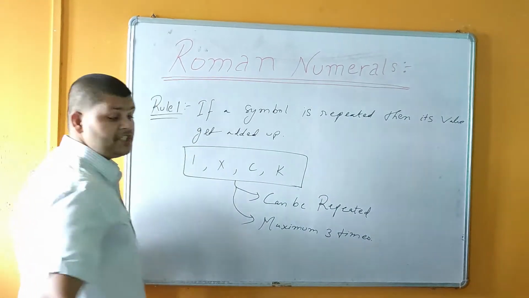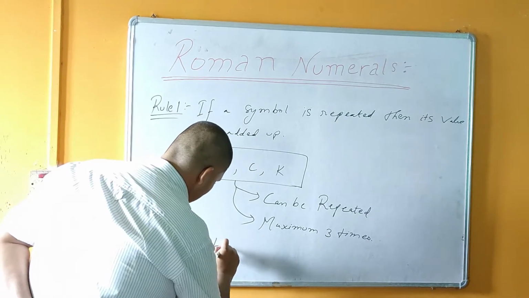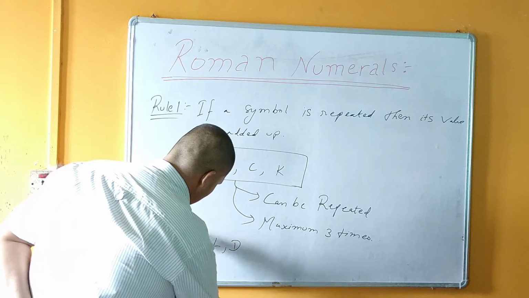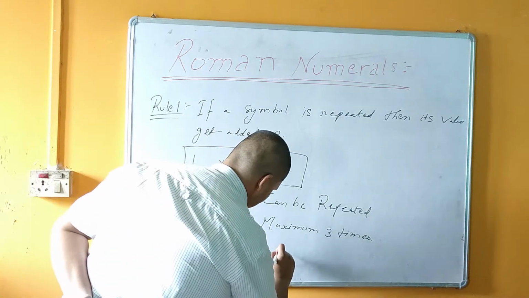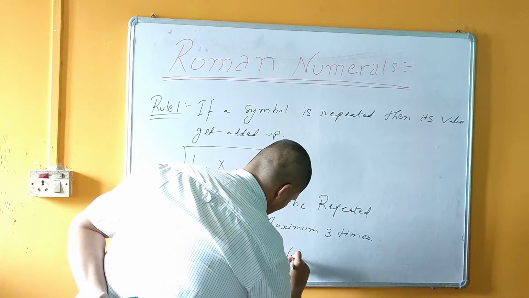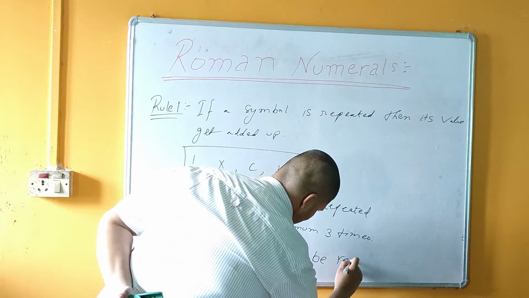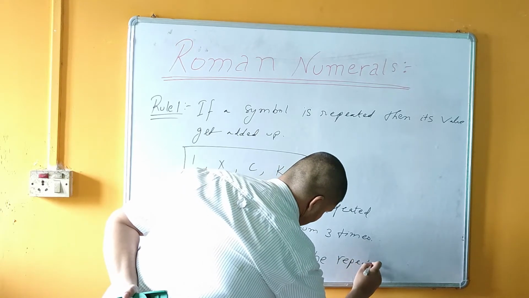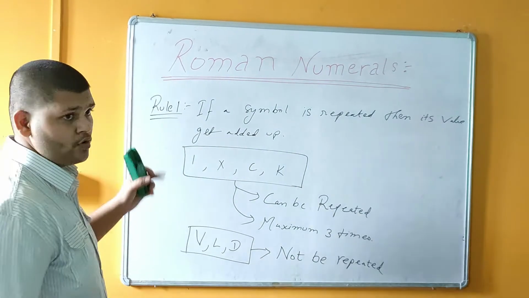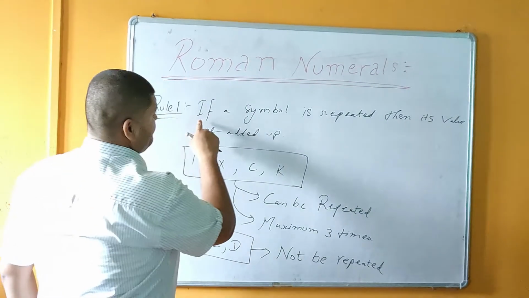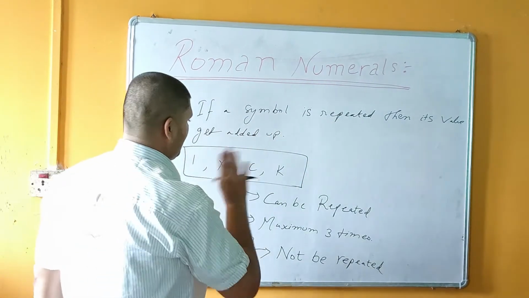And the symbols which cannot be repeated are V, L, D. So, once again I am telling rule number 1. If a symbol is repeated, then its value will get added up.